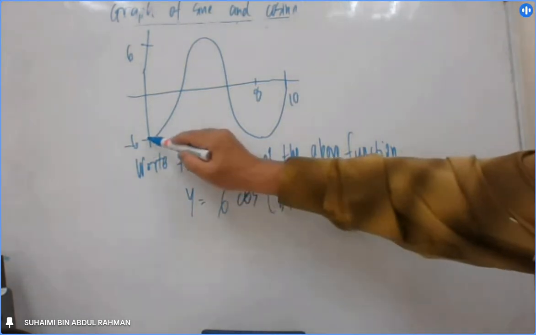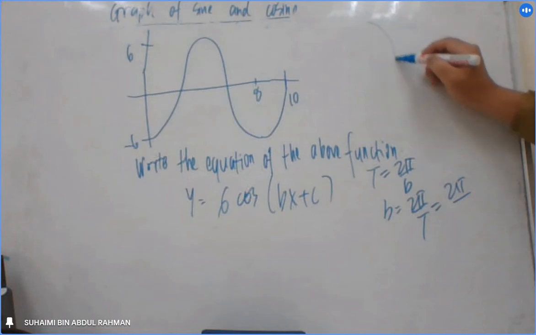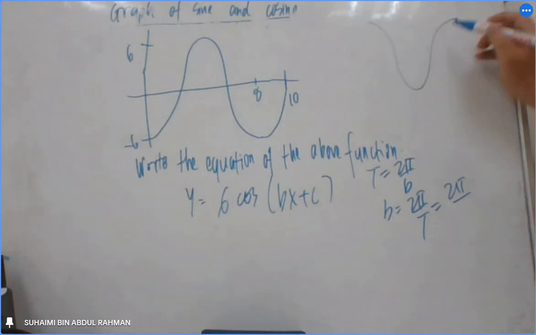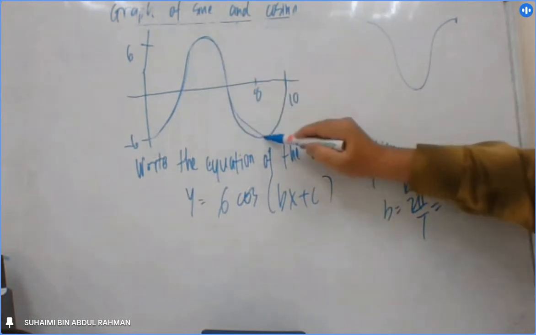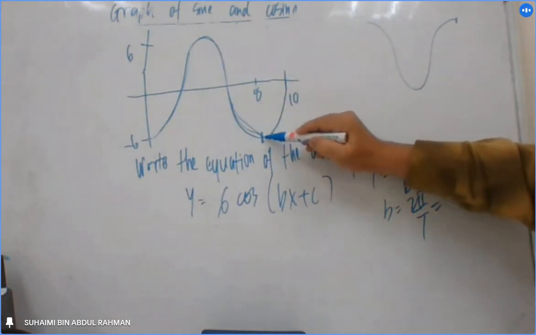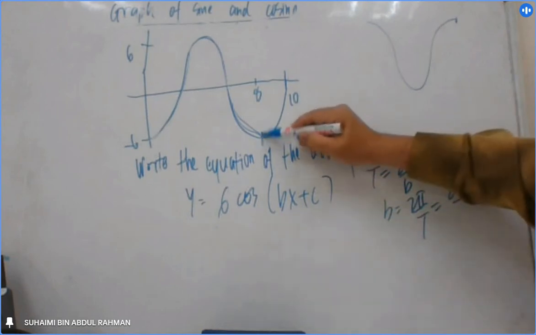One period, if you remember the cosine function, one period is up to here, right? So for the reflection, one period is only up till here. The graph is sketched up until there just to confuse you.